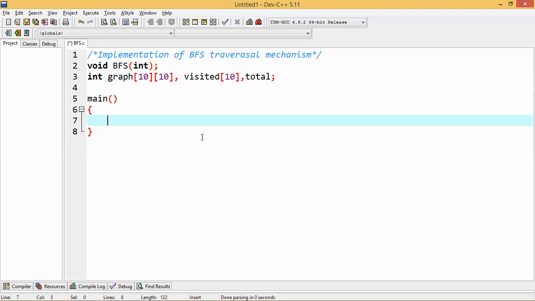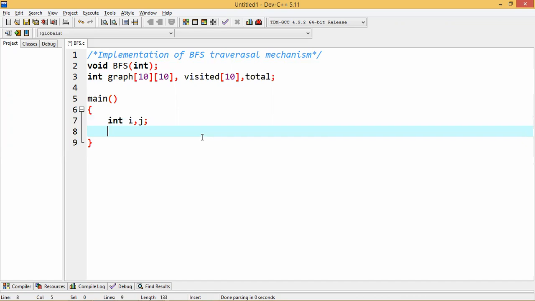Now you have to enter the adjacency matrix of the entire graph. Clear? So for every graph, you need to take the input for row and column. But before that, you have to ask the user to enter the total number of vertices in the graph.